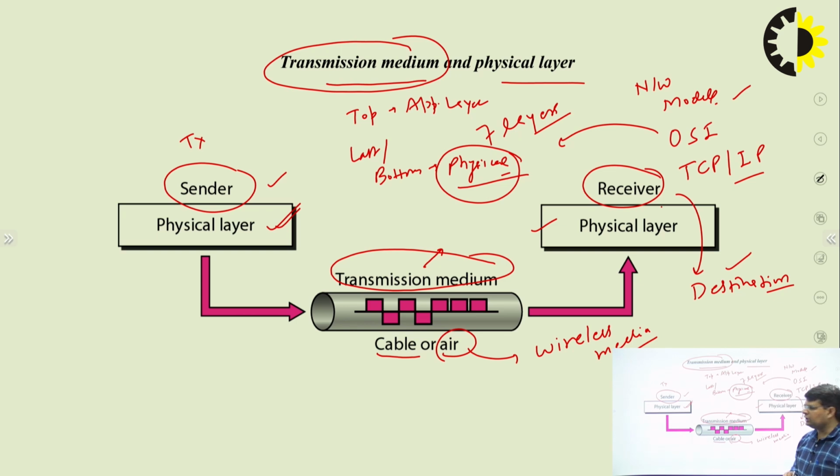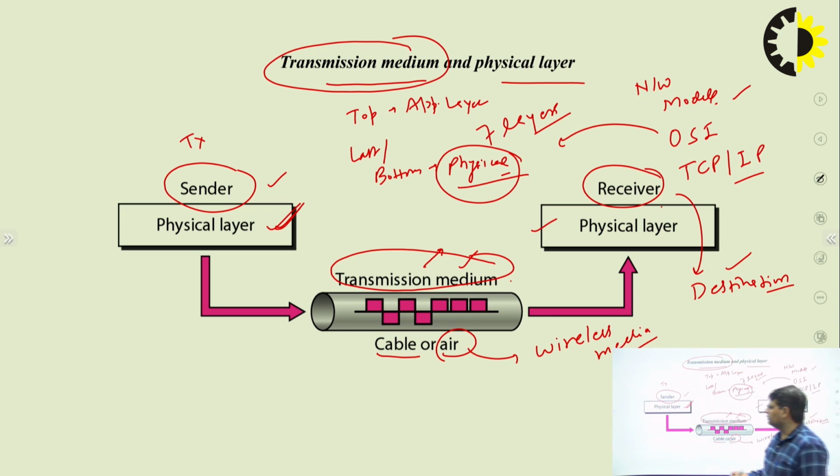So for connecting the sender side with the receiver side, the two must be connected with the help of some kind of physical media, known as the transmission media, and in the networking models, this lies at the physical layer level.